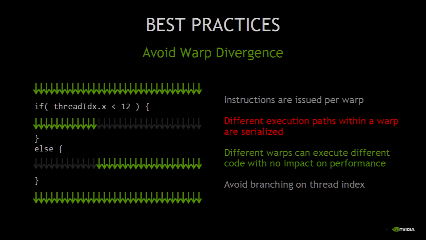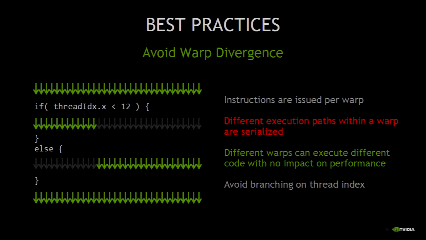And speaking of divergence, memory divergence is bad, and warp divergence is also bad. So what is warp divergence? Our architecture executes instructions per warp. If you look at the left part of the slide, we have all threads executing some instruction, and then there is a conditional statement.